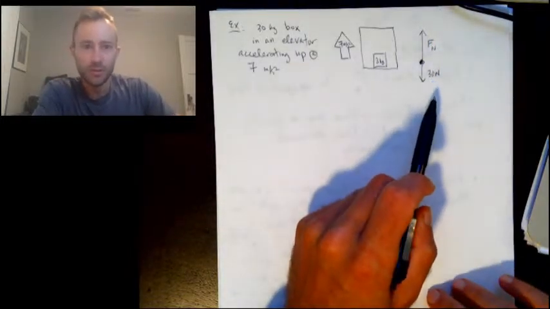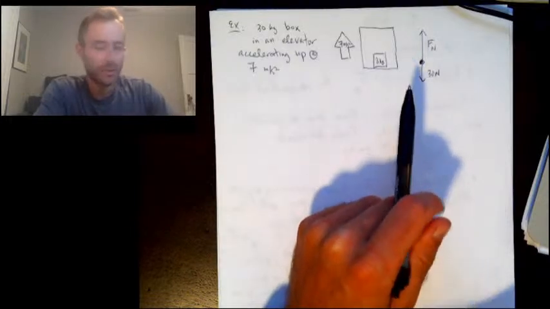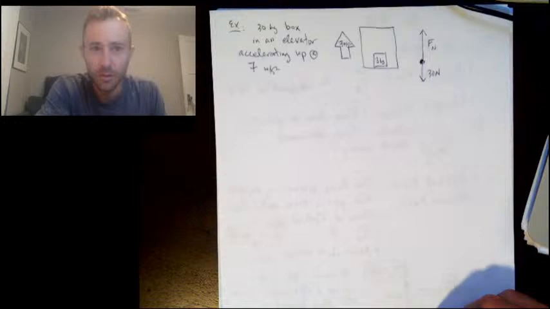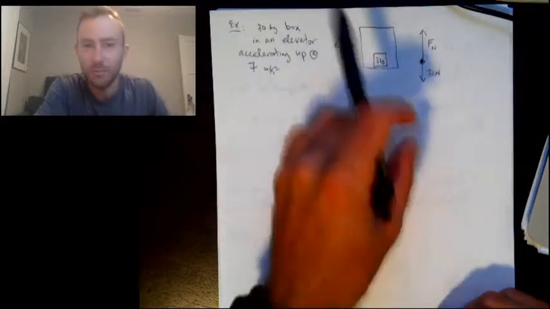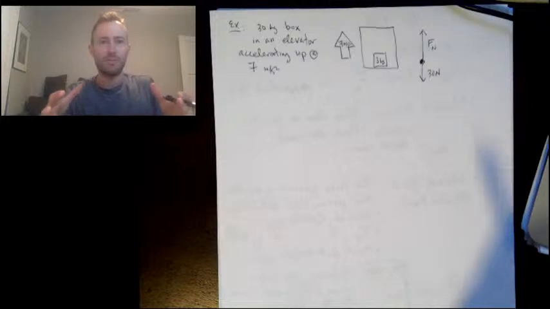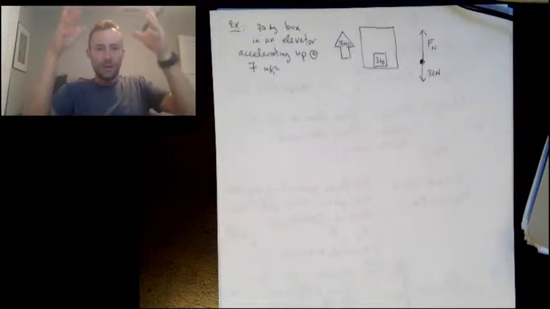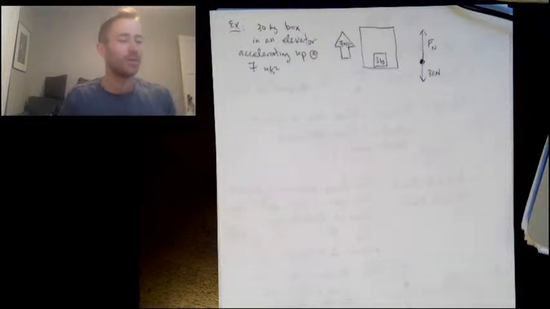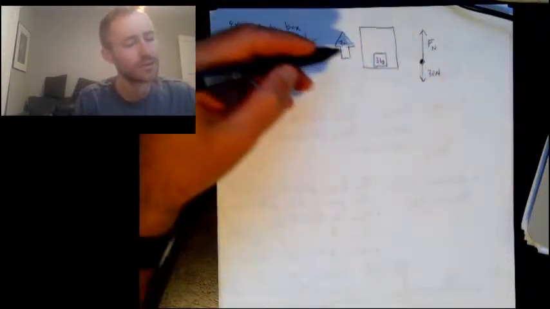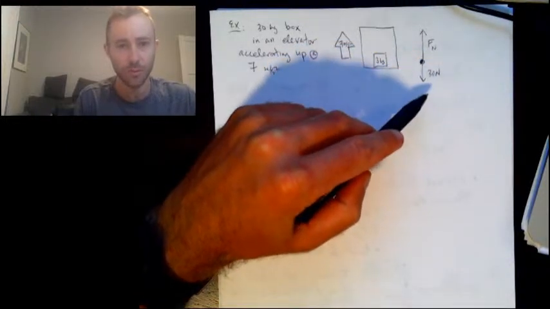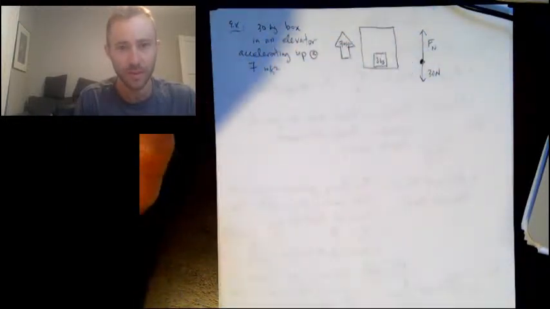If the normal force is not bigger than the weight force, then how can the box accelerate upward with the elevator? The box would get left behind, right? The only way for the box to be moving with the elevator is for it to have the same acceleration as the elevator. So anyways, the normal force would have to be bigger than the weight force in this case.